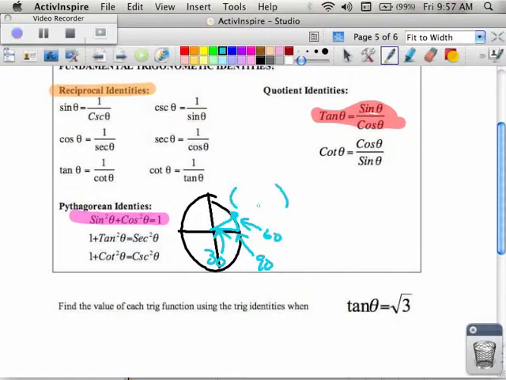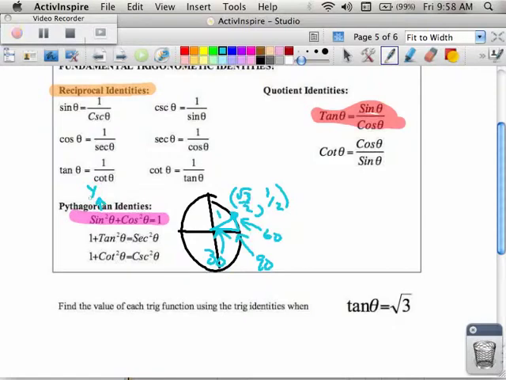Those coordinates were the square root of 3 over 2 and 1/2. And what's the hypotenuse on the unit circle? 1. That's why they call it the unit circle. Unit, 1.